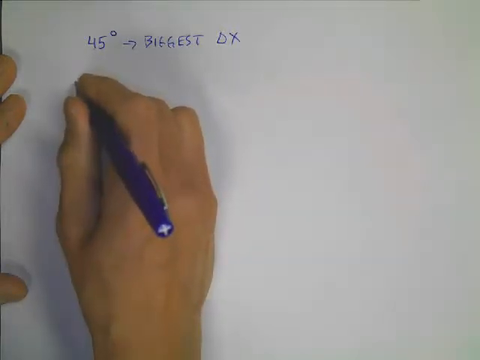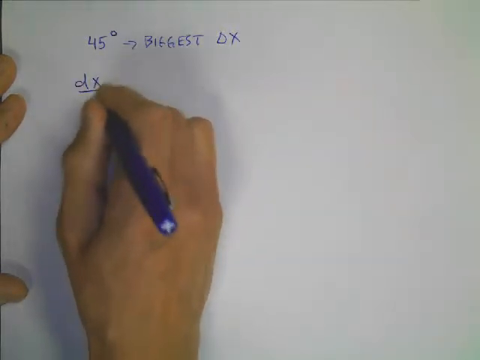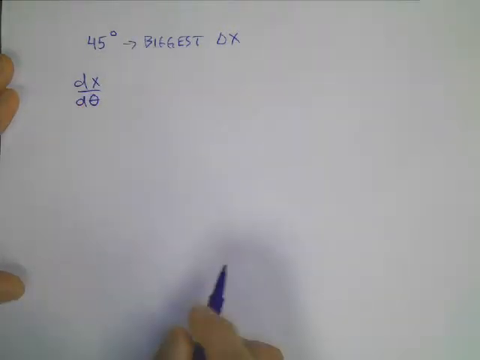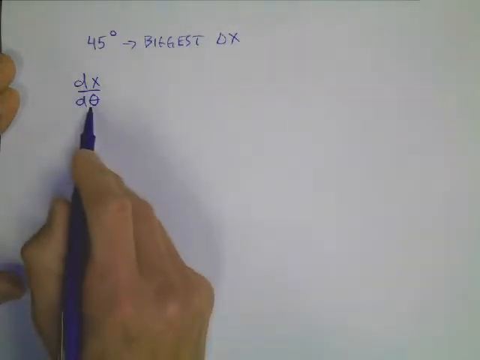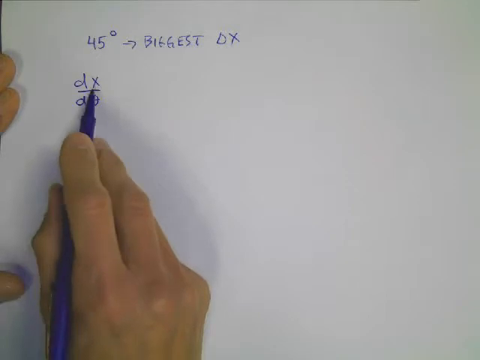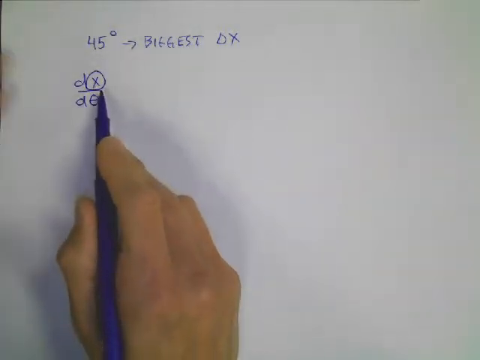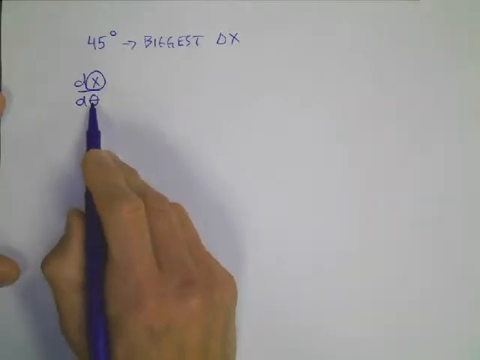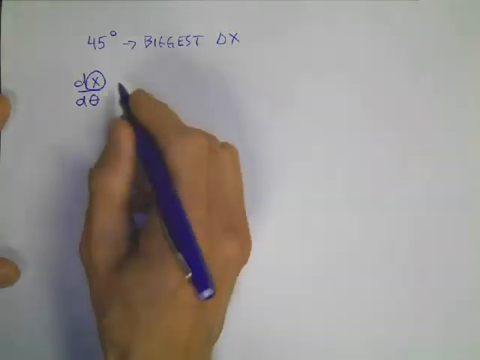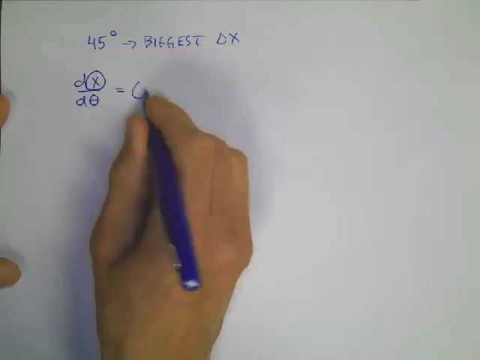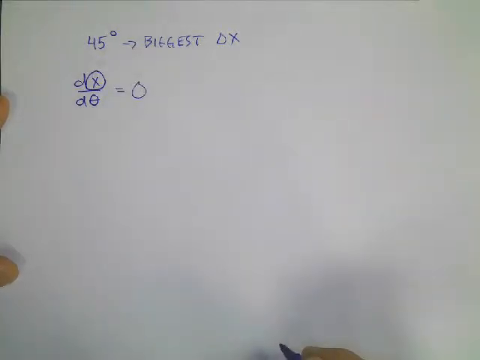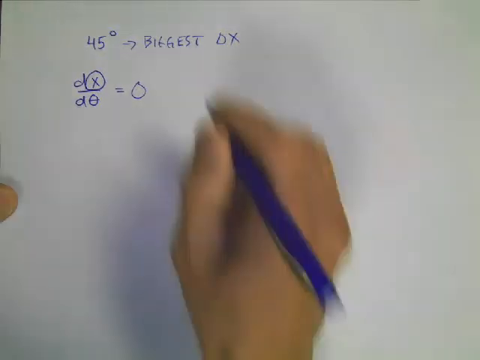What if I take the derivative of my function for the range? I know we called it delta x before, but I'm going to call it x now. If you took the derivative of the range function and set it equal to 0, that's going to allow us to find a critical point.